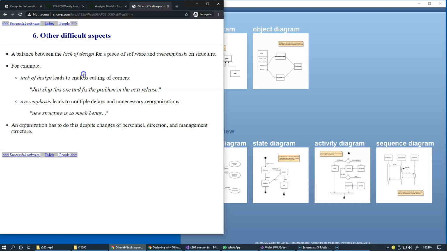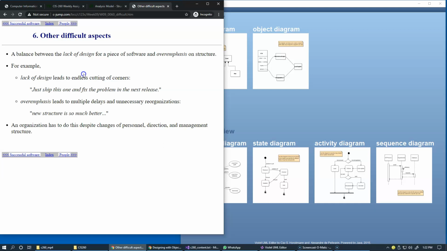Typically, too little design, a lack of design adequate for the complexity of our system, just leads to a bunch of compromises and cutting corners, basically thinking that yes, we have some kind of issue or problem, but let's just fix it somehow and push this system out of the door, and then of course in the future we will address this in a proper way. It's almost like an endless process of building a prototype of the system instead of building the real system.